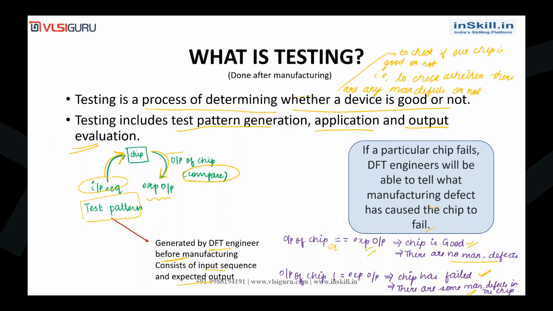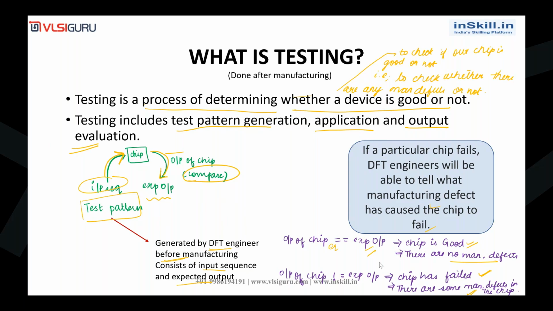Okay, so these test patterns will be generated by the DFT engineer before manufacturing. It will be consisting of the input sequence and expected output. We will be applying this input sequence onto our chip, and then the output of the chip will be compared with the expected output. If the output of the chip is equal to the expected output, it means that the chip is good, so there are no manufacturing defects.